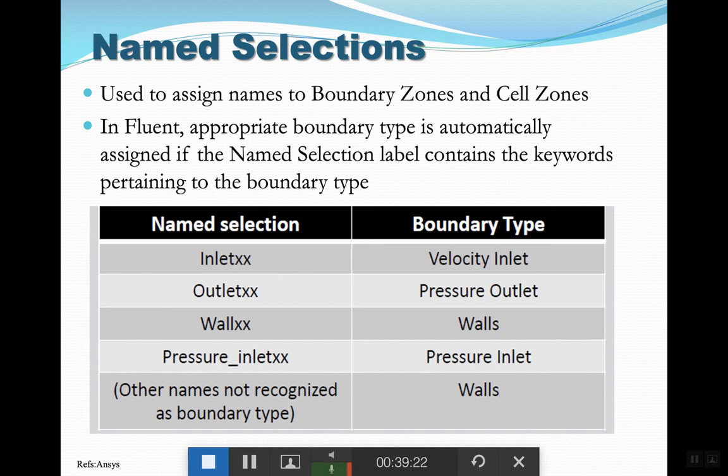Remember, guys, your first word is important. For example, if you want to use inlet, just name it inlet something. It could be inlet and your own name, but the first word is inlet. If it is inlet or outlet or pressure inlet, the simulation software will automatically detect that and assign the proper boundary condition. What happens if you do it wrongly?